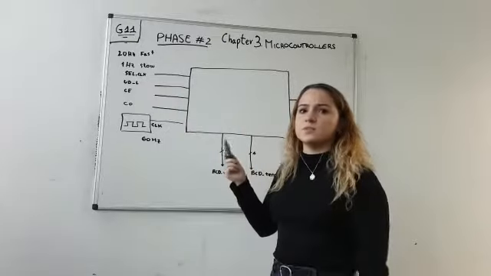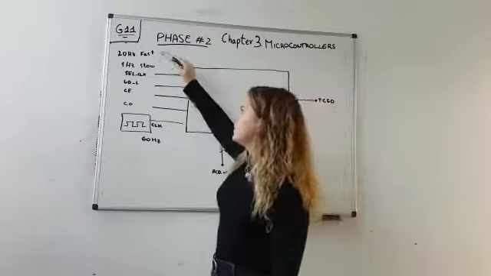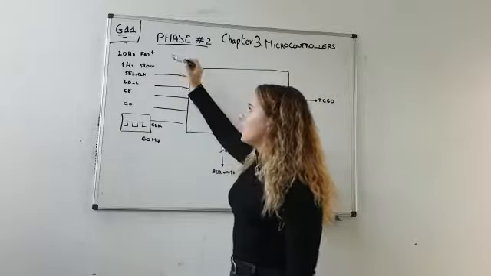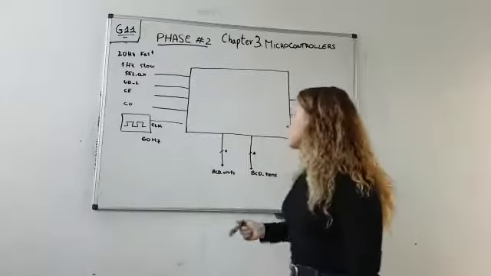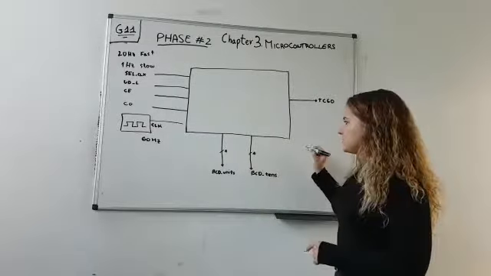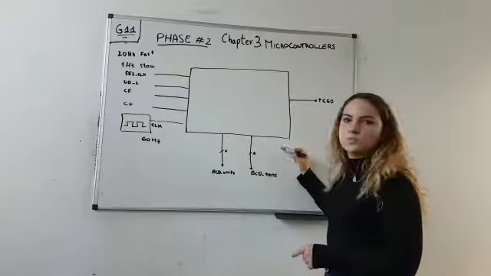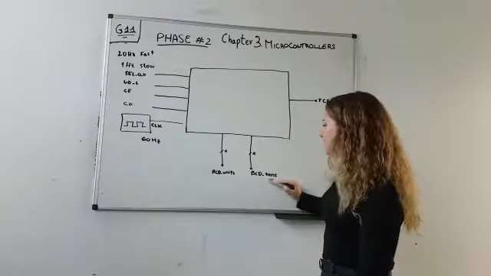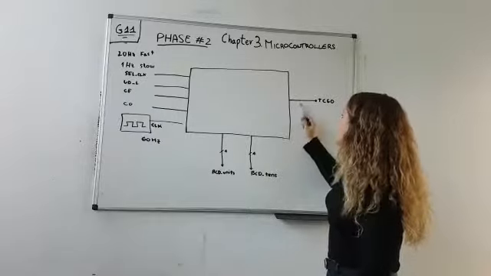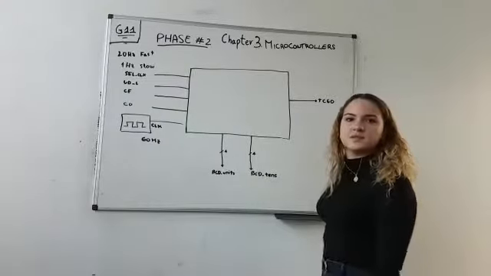We have the fast mode, that is with 20 Hz, and we have the slow mode, that is with 1 Hz. We also have a difference in the outputs. We have BCD for the units and BCD for the tens, and then we have a TC60.